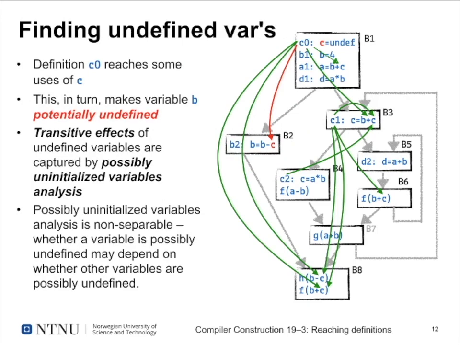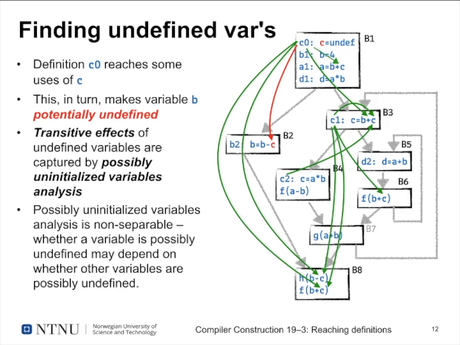So again, we see this here, and the important thing is that this analysis we're performing here can actually make use of transitive effects. So we can look at what happens going from one basic block to the next and to the next again, and so on. And we can then use this to perform this possibly uninitialized variables analysis.